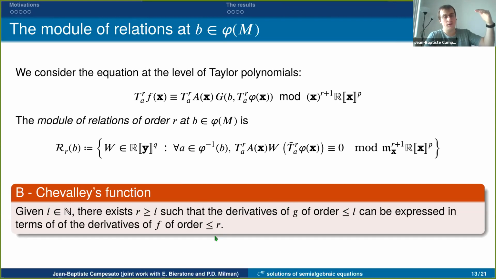So if you look at an equation but the data are regular enough, then we will have some kind of uniqueness, allowing us to express G in terms of the data and to get something which is, in this case, semi-algebraic. And this Chevalley function is telling us, for the expected order we would like to have, up to which order we should look at the derivative of f.